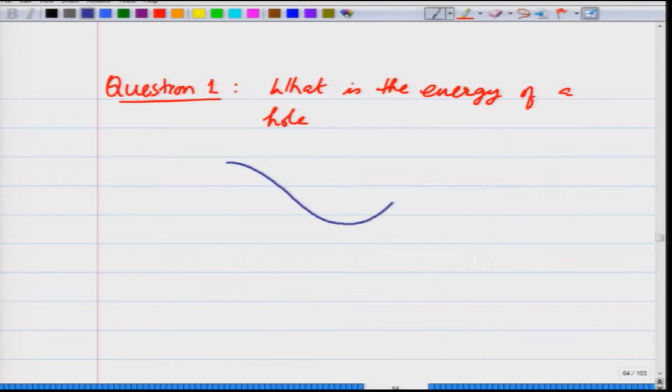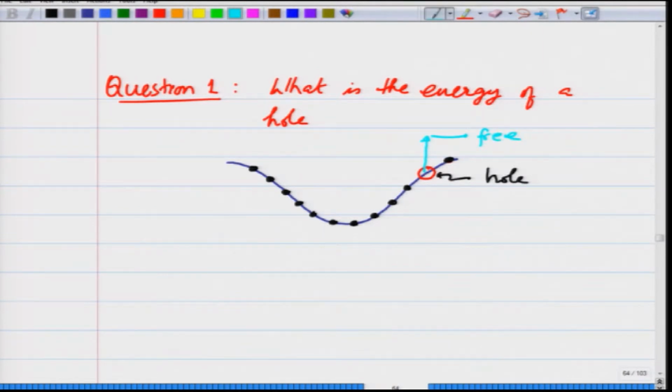I have this band in which I have electrons filling different k states, but one of them is missing, an electron. So, this is the hole where the electron is missing from. Now, to create this hole, what one had to do is remove an electron from here and make it free.